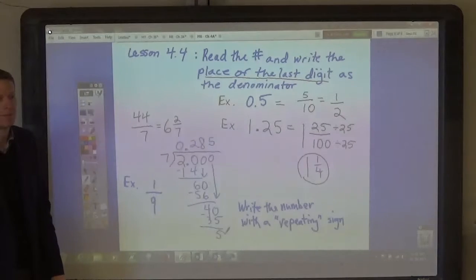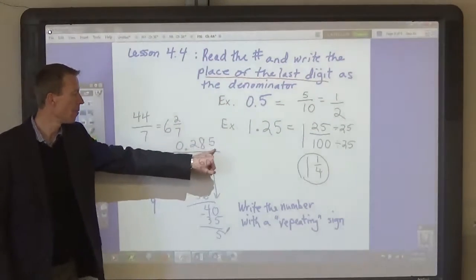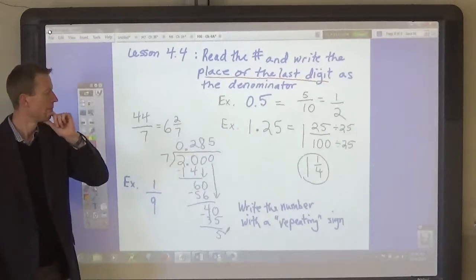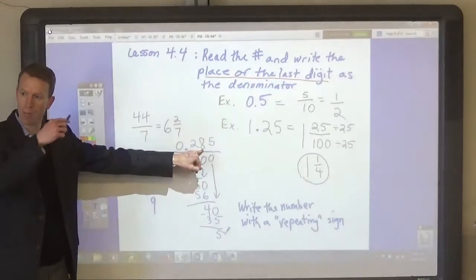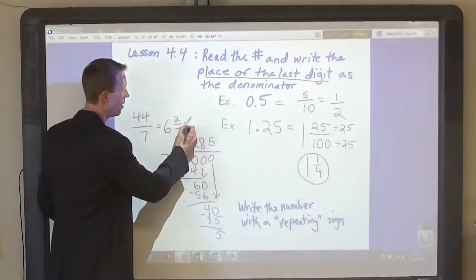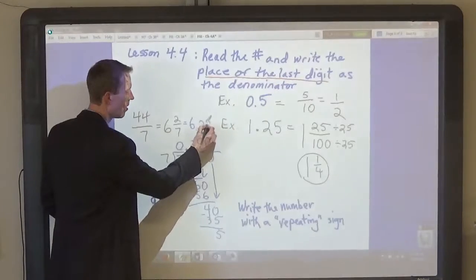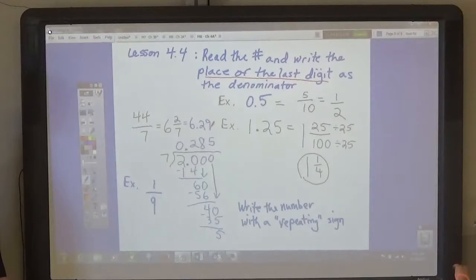You can stop after 3 places and then round it. All right, so how would we round this number to the nearest hundredth? Check with the last number after the hundredth, which is the 5. If it's 5 and over, make it close to that one. So then we would round the 8 up 1 more to 9. So 6.29.